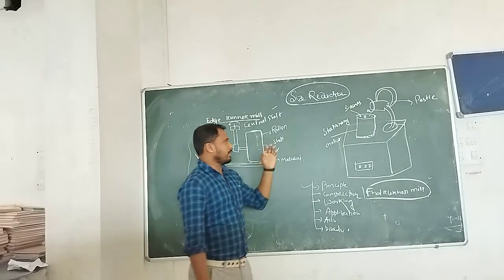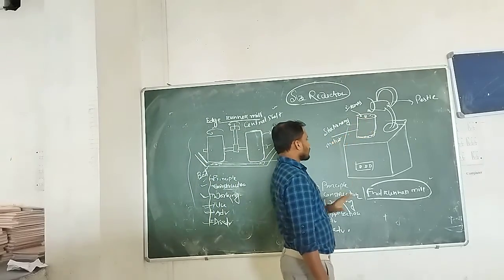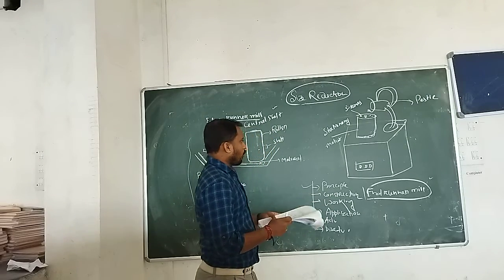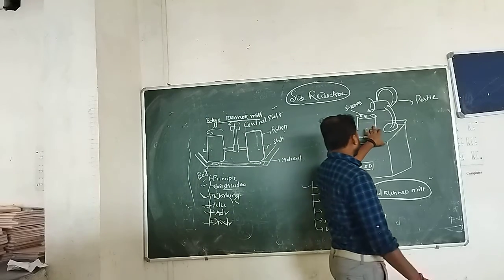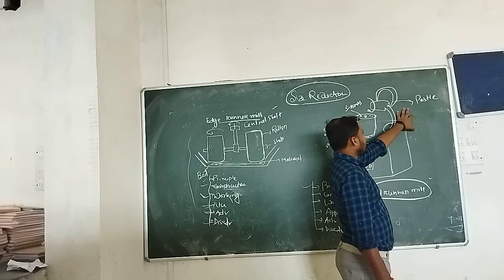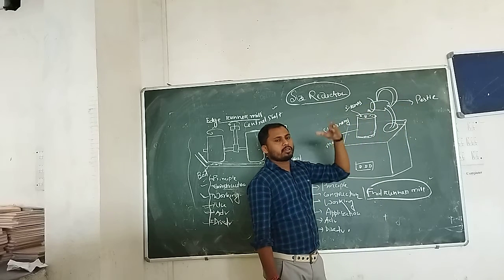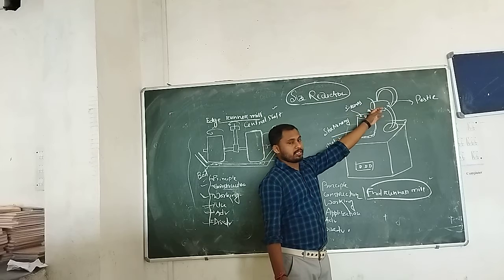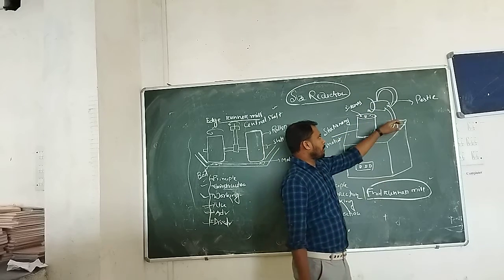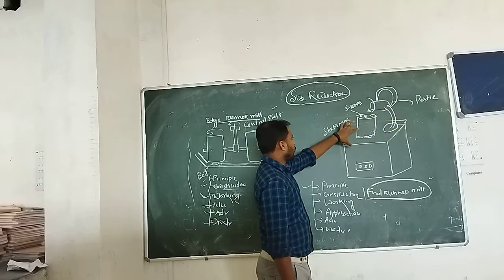It also has the rotating vessel, which is connected to a motor. As the motor rotates, it helps to rotate the vessel, and the vessel moves towards the stationary bed.